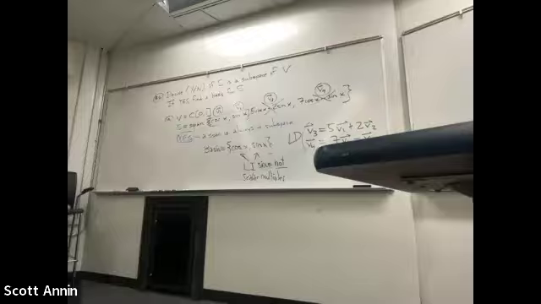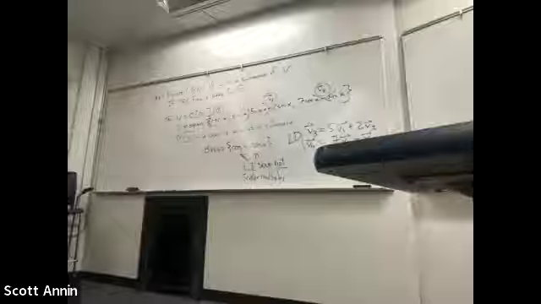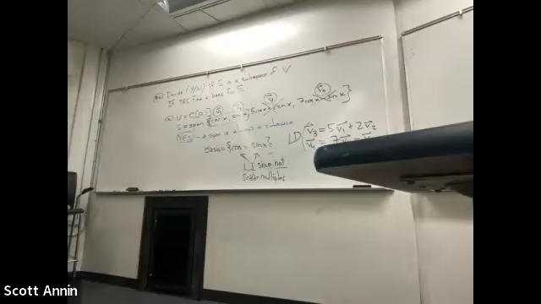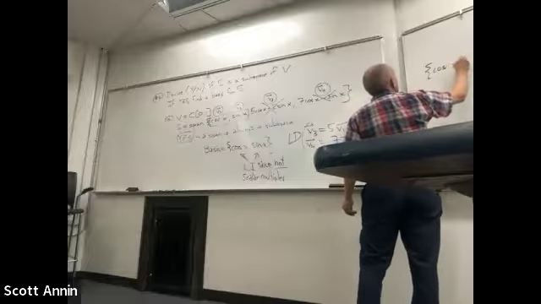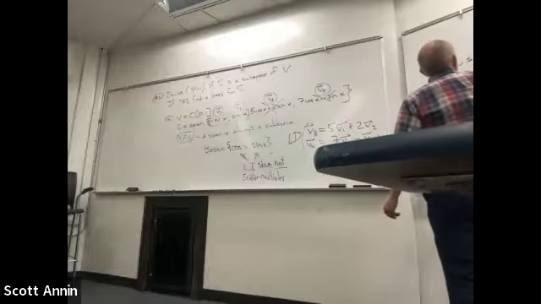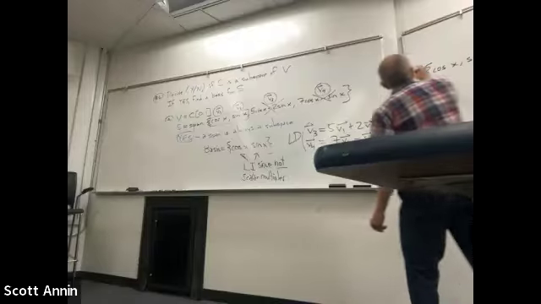I think Brandon has a question. Say V3 was tangent of x. Would that be a basis then, or because you can make tangent from sine and cosine, would it not be? This is a good question. What if that was my set of vectors?